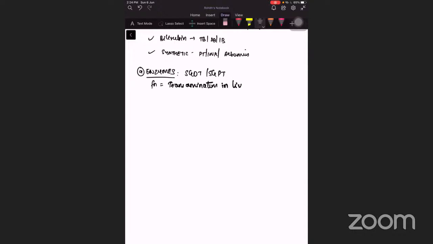Transamination inside the liver. Outside the liver in the blood, what is its function? There is no really any function. Then we should know what are the normal levels, beyond which we can call it abnormal. So how do you call it as a normal liver or normal enzyme levels? We can take the upper limit of cutoff as 40.